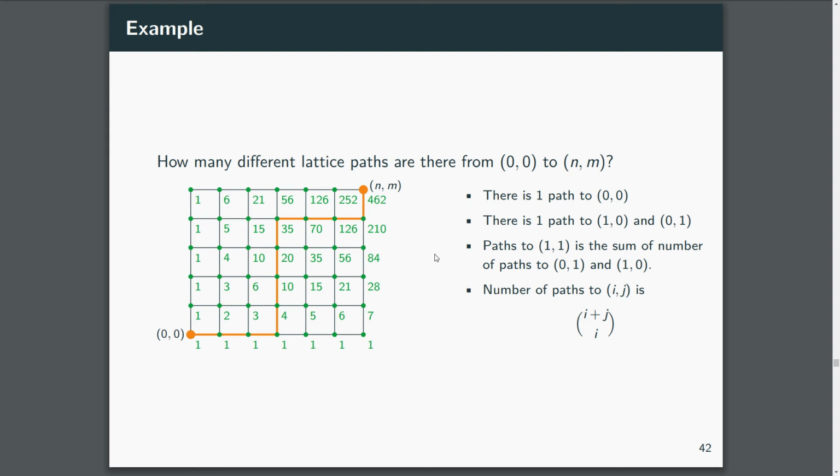And we essentially need to choose when we take the up steps. So we have i plus j steps, and where do we place i of the up steps? So we have i plus j choose i.